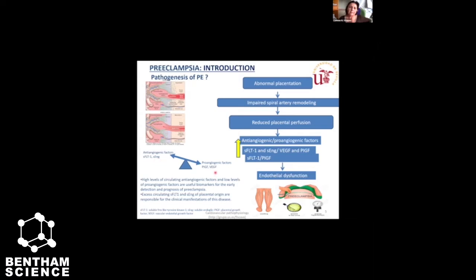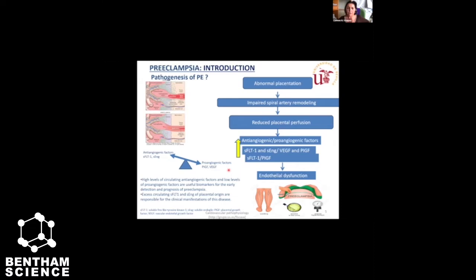So preeclampsia is characterized by high levels of anti-angiogenic factors and low levels of pro-angiogenic factors, such as PlGF and VEGF. PlGF, placental growth factor, VEGF, vascular endothelial growth factor.